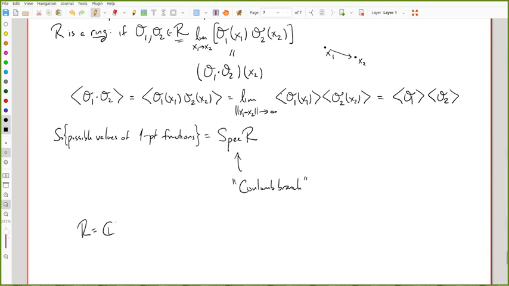So in our example there's going to be one generator that generates the whole thing with no relations. And then in this case, the spec is just the plane. This is like C adjoin X, polynomials in one variable. And so that's just polynomial functions on the plane.